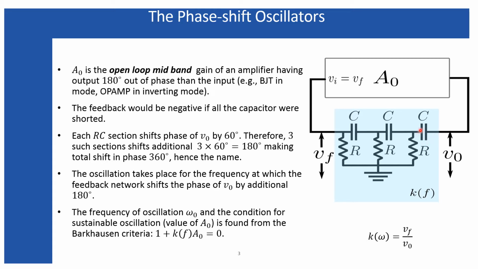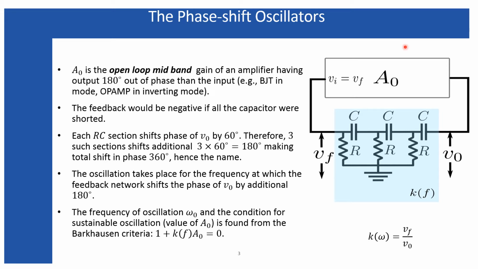That is why we generally prefer a base amplifier whose output signal differs in phase by 180 degrees from its input. Such amplifiers include the bipolar junction transistor in common emitter mode, where the output voltage differs from the input voltage by 180 degrees.